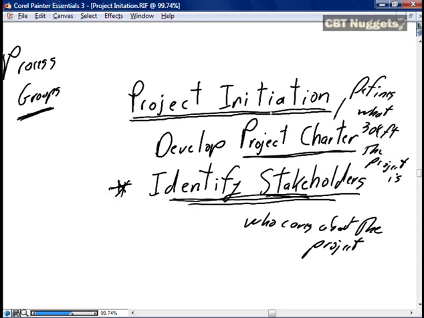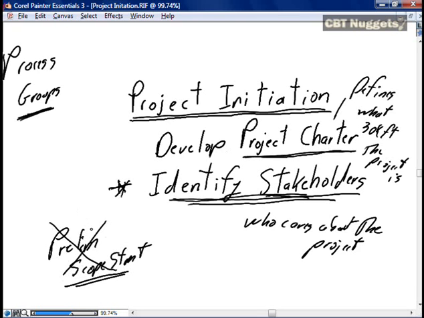Previously, the project initiation process group had 2 activities: developing the project charter and the development of the preliminary scope statement. In this release of the PMBOK guide, the preliminary scope statement has been deleted as a discrete activity, and in fact, the work contained in the preliminary scope statement has simply been combined into the project charter.